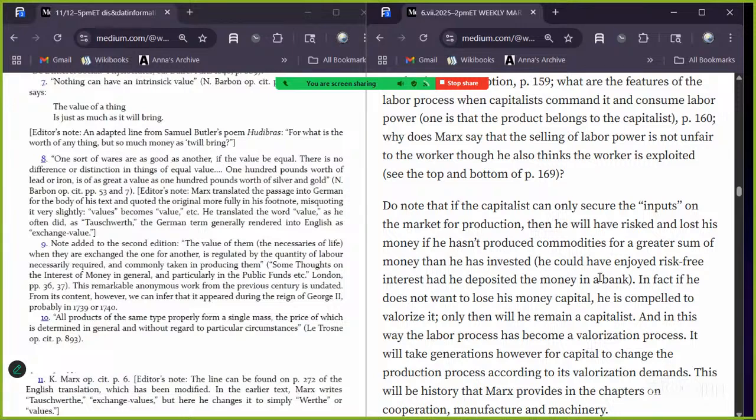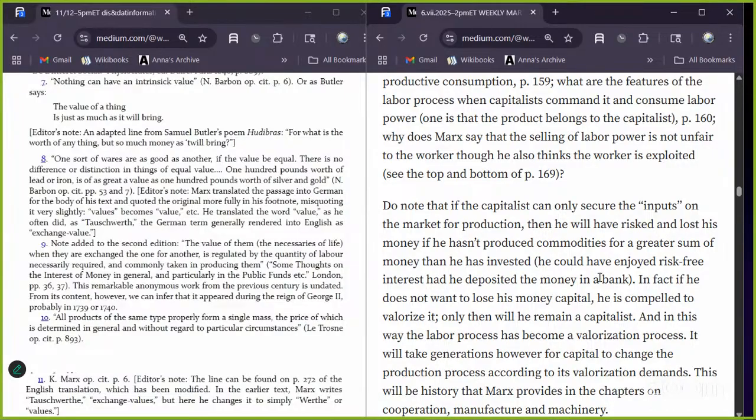He could have enjoyed risk-free interest had he deposited the money in a bank. In fact, if he does not want to lose his money capital, he is compelled to valorize it. Only then will he remain a capitalist. And in this way, the labor process has become a valorization process.